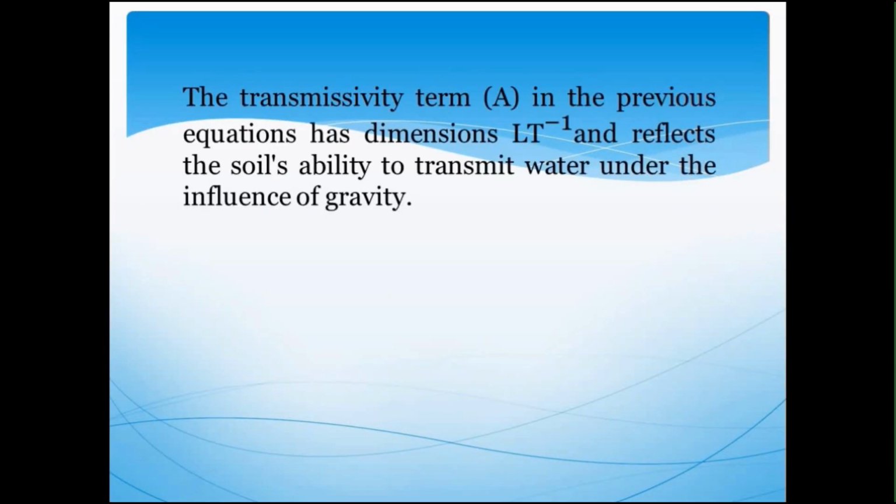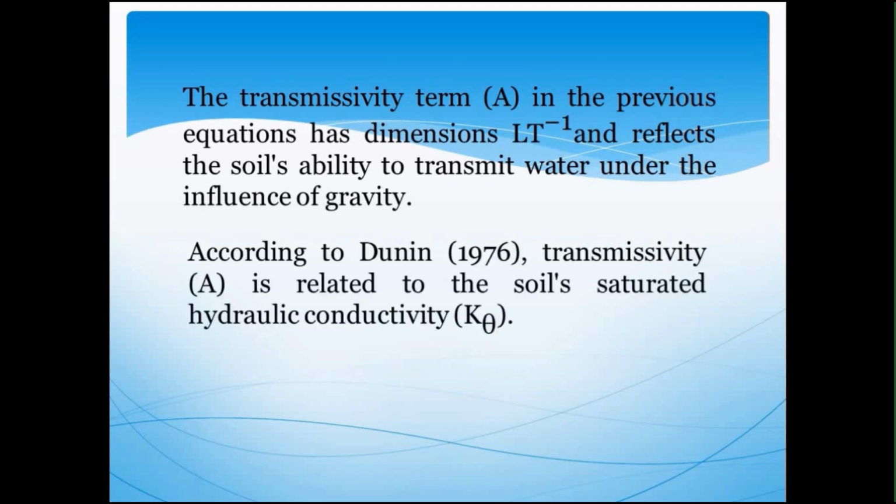The transmissivity term in the previous equation has dimensions LT raised to -1, which is length over time, and reflects the soil's ability to transmit water under the influence of gravity. And according to Dunin, the transmissivity term, or A, is related to the soil's saturated hydraulic conductivity.